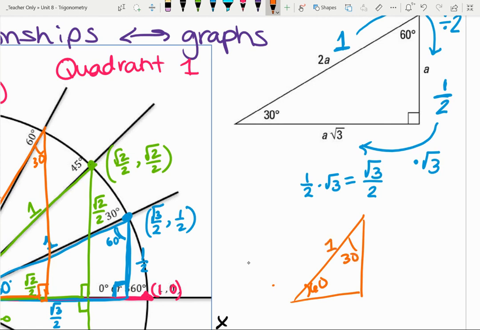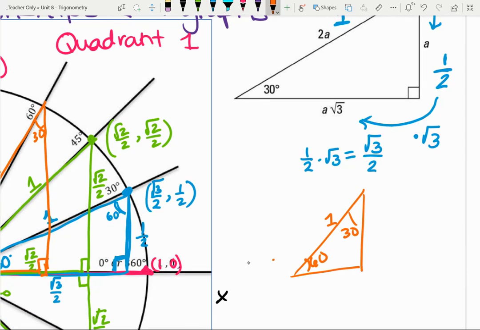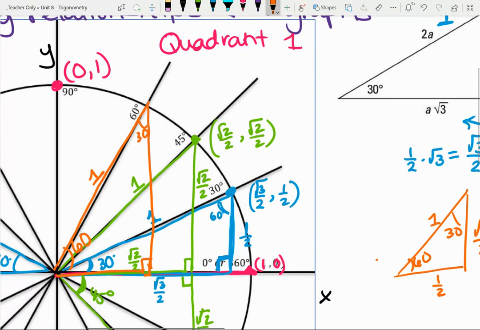Just because we oriented it a little bit differently doesn't mean that the legs are a different length. So we've actually already done this work. We're just flipping it around a little bit. So we've got a vertical height of square root 3 over 2 and a horizontal distance of 1/2, which means that my coordinate points, the horizontal x value is 1/2, and my vertical y value is root 3 over 2.